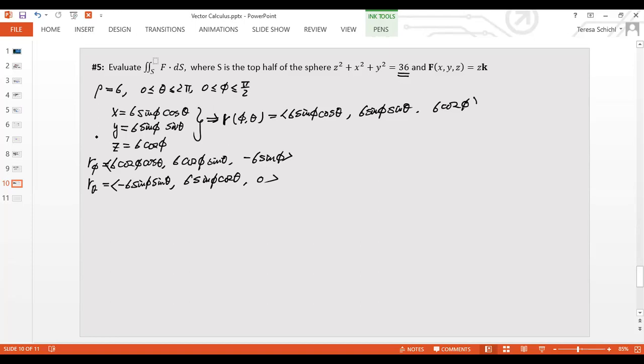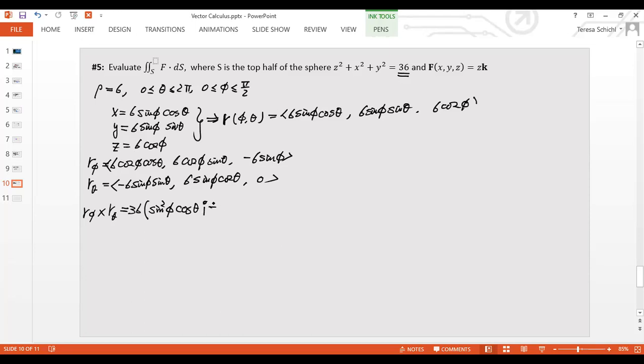All right, so now you can do the r phi cross r theta. So you use the same definitions we did. I already got this one down here, so you can verify it to see if you get the same thing. So I will have sine squared phi cosine theta. This is my i component.